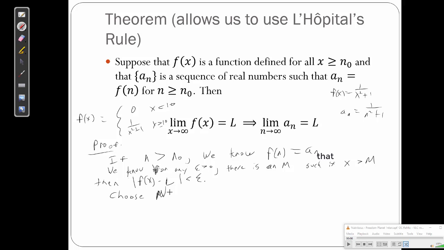Let's choose N equals the maximum of M and n sub 0.